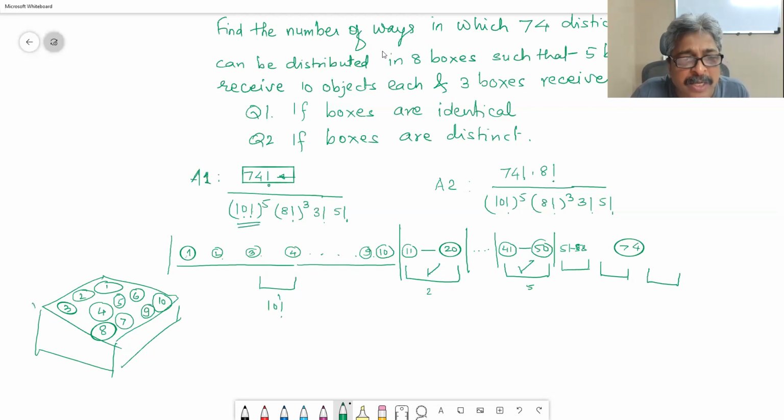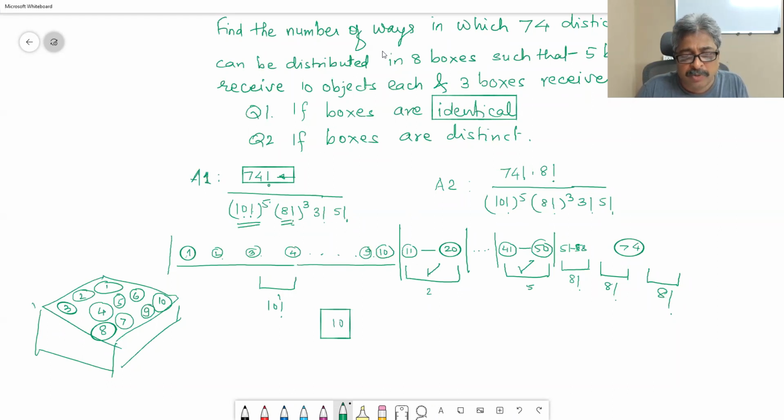Therefore 10 factorial raised to 5. Similar argument, internal permutation, 8 factorial here, 8 factorial here, 8 factorial there. Therefore 8 factorial raised to 3. That is what you have to divide, because it is repetition of the permutation. Now, because boxes are identical, you really do not know.